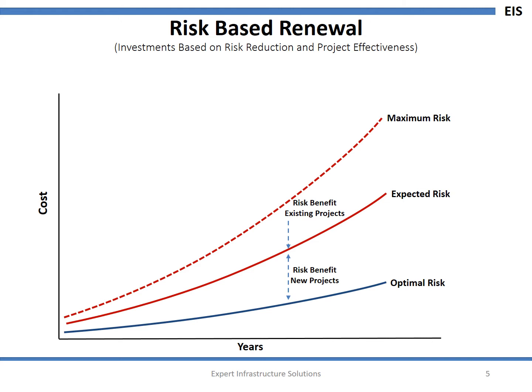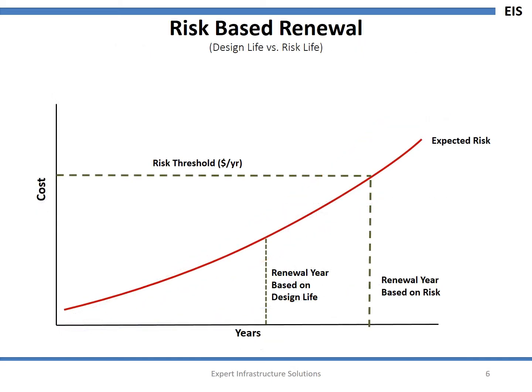So mitigation strategies are then born out of this kind of analysis. The previous slide showed how these strategies are created and the types of projects that could be considered. Rehab, repair, renewal, replacement.